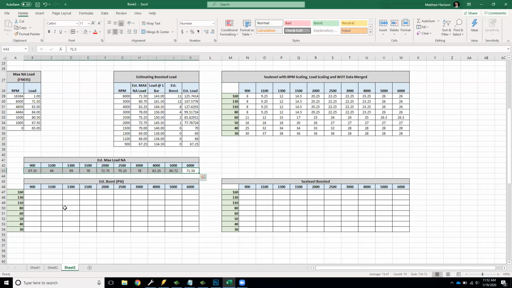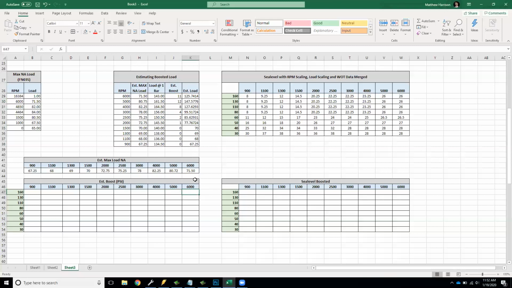So if I'm now trying to figure out approximately what load or what timing I want to have at all these different places, I need to figure out the boost. We've now figured out approximately what load and what boost we're going to have, but now we need to figure it out at these different cells. So we can work from all these numbers.